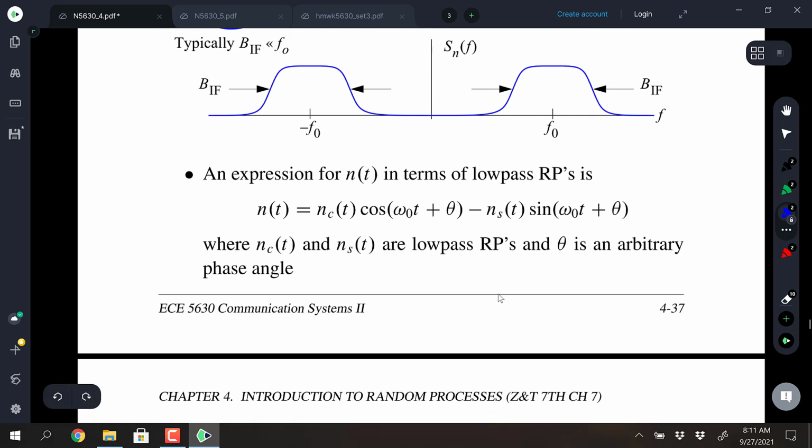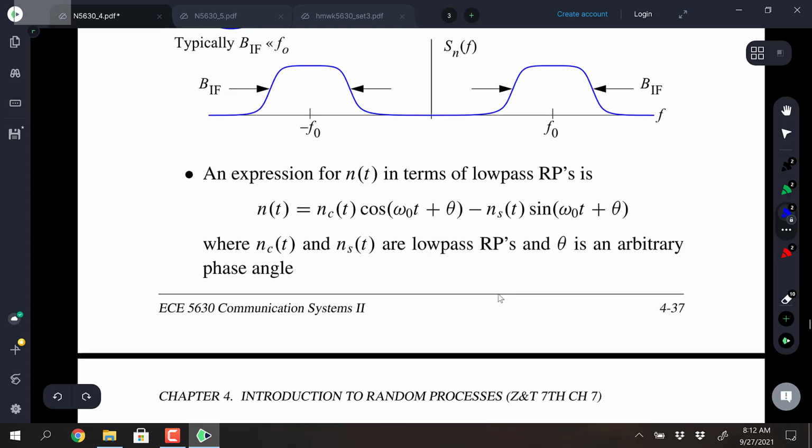So the expression for n(t) in terms of low-pass processes is this equation right here. It would be an in-phase term, n_c, and the c is for the cosine, omega_0 t plus theta, minus n_s, where the s is for the sine.